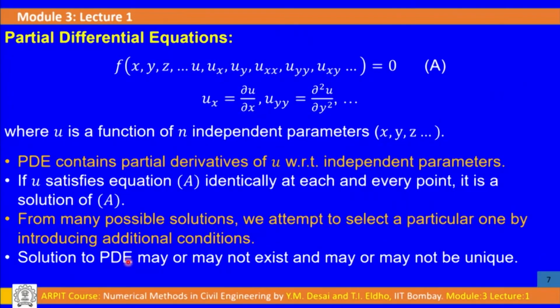It may have multiple solutions, and out of these we attempt to select a particular one by introducing additional conditions. One important point to note is that the solution may or may not exist, and may or may not be unique. So differential equations are a very interesting variety of equations to study.